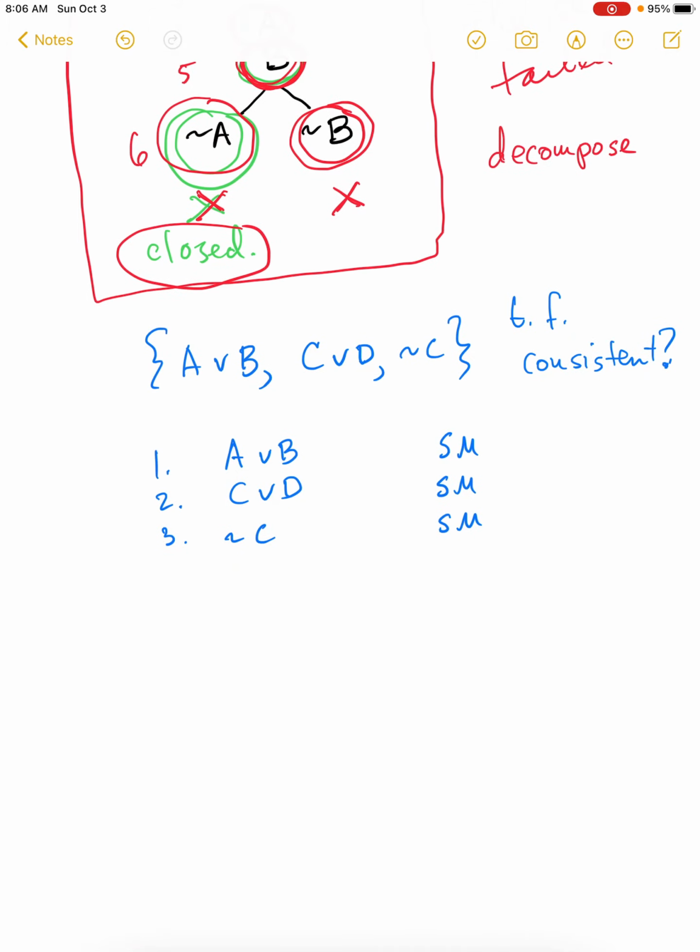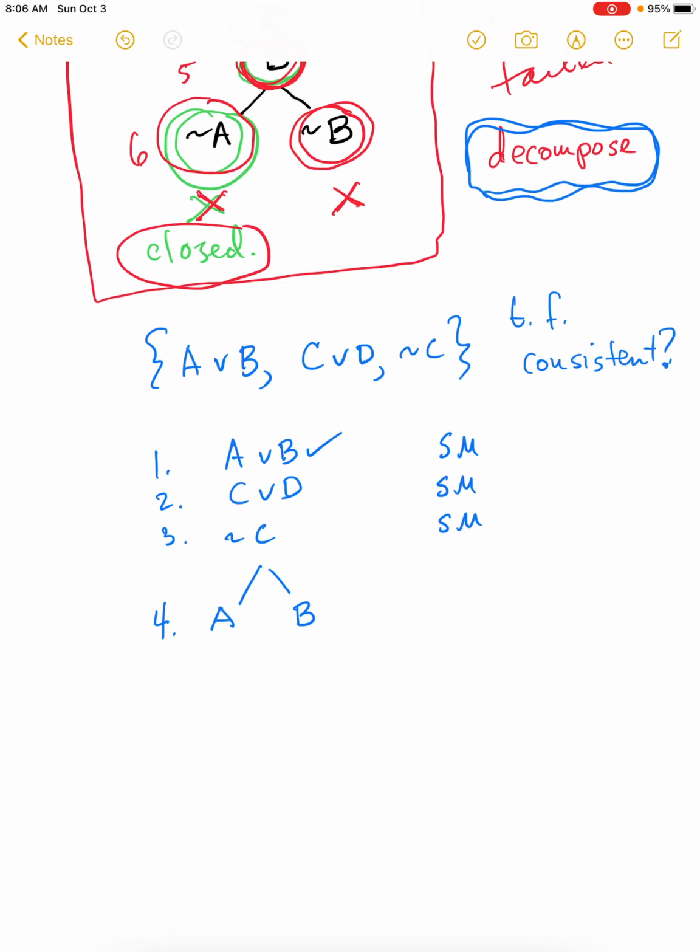And we indicate that by branching again. And so on line number 4, we're going to have on the left-hand branch the left disjunct, and on the right-hand branch the right disjunct. And we're going to check line number 1, indicating that we have decomposed it. We've thought thoroughly about what a truth value assignment would have to do to make that sentence true.